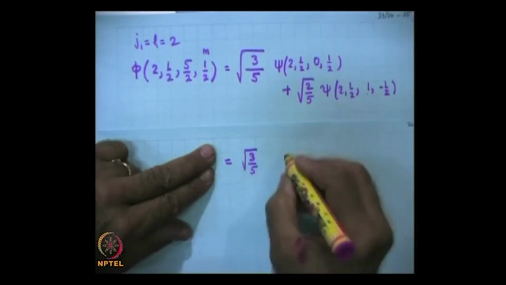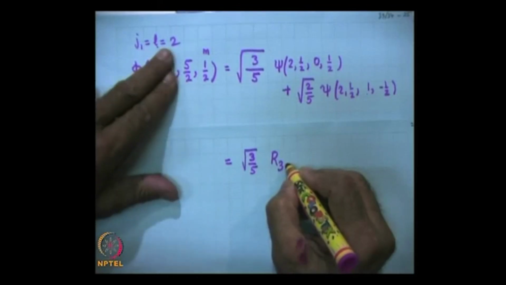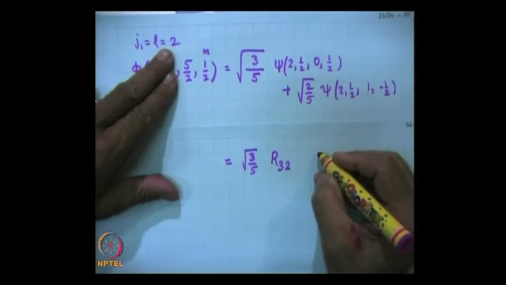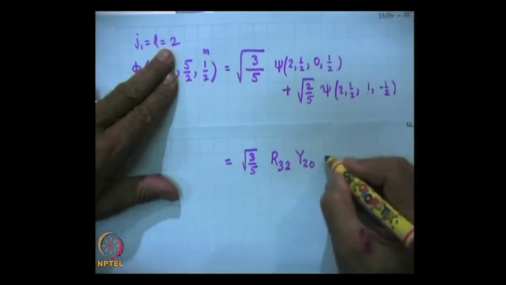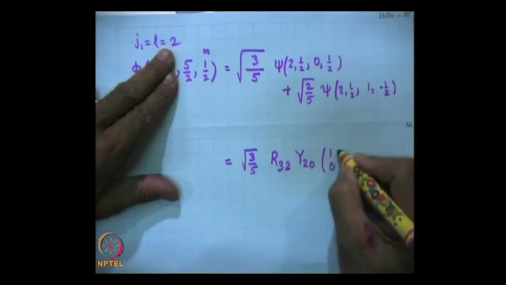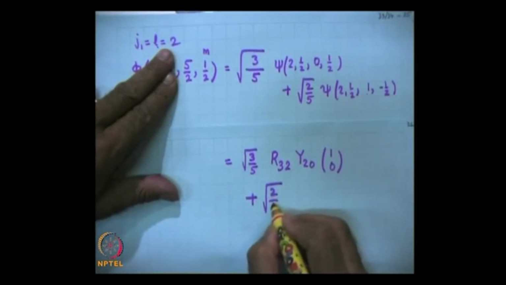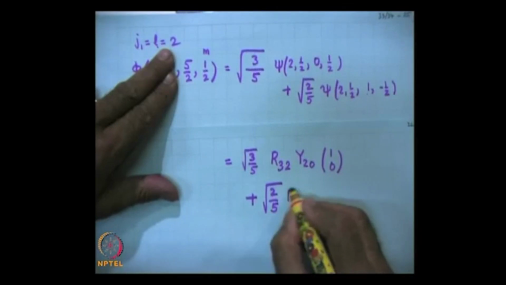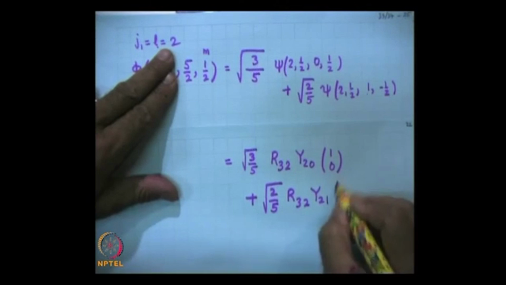Let us suppose n is 3. So, R 3 2, L is 2, and this will be Y 2 0 spin up state, that is 1 0, plus under root of 2 by 5 R 3 2 Y 2 1 spin down state.